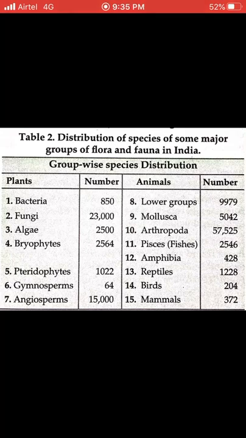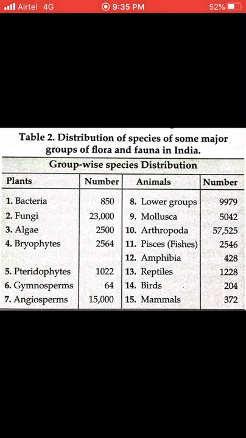Here it is written bacteria 850. So this is not the number of bacteria, it is the number of species of bacteria, meaning 850 types of bacteria. Imagine how many types of bacteria there are, and one type of bacteria can be in millions. Fungi 23,000 types, algae 2,500 types, bryophyta 2,500.